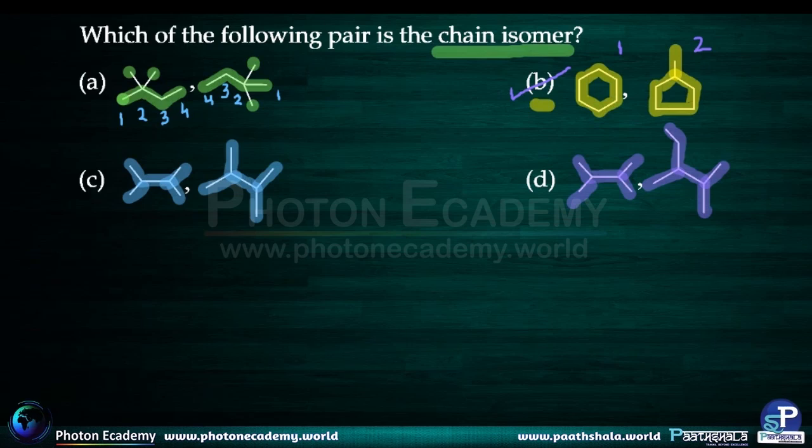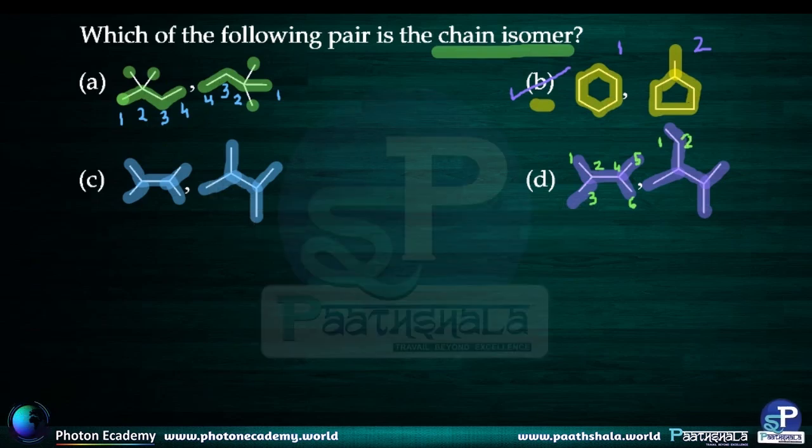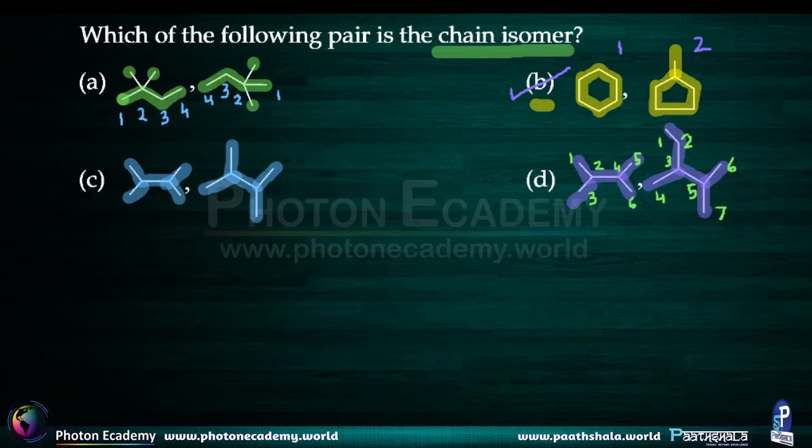For the first compound it is equal to 6, but for the second compound it will be equal to 7. The formula of these two molecules is different, and thus the two compounds given in option D cannot be chain isomers in any case.